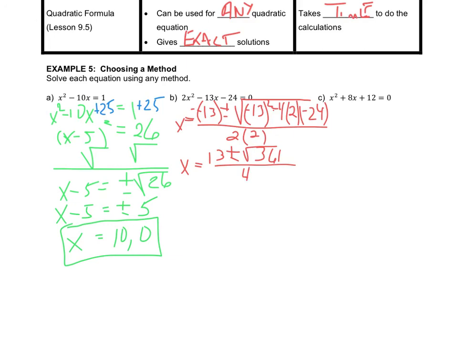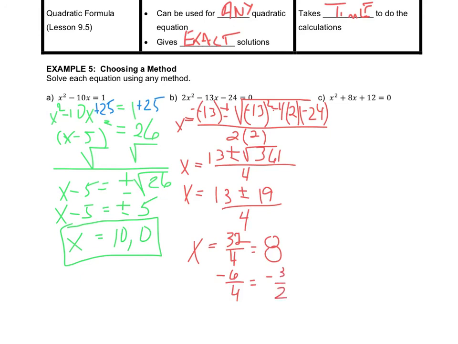So that means I'm going to get 13 plus or minus 19 divided by 4. So again, my two answers will be 13 plus 19 is 32, 32 fourths, which is 8, and 13 minus 19 is negative 6 fourths, which is negative 3 halves.